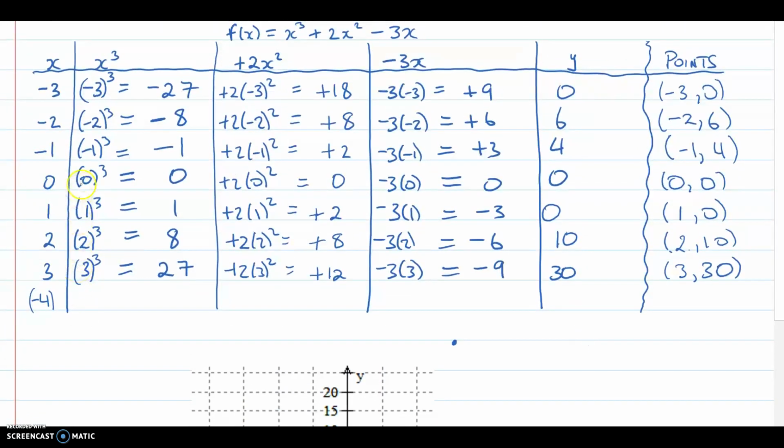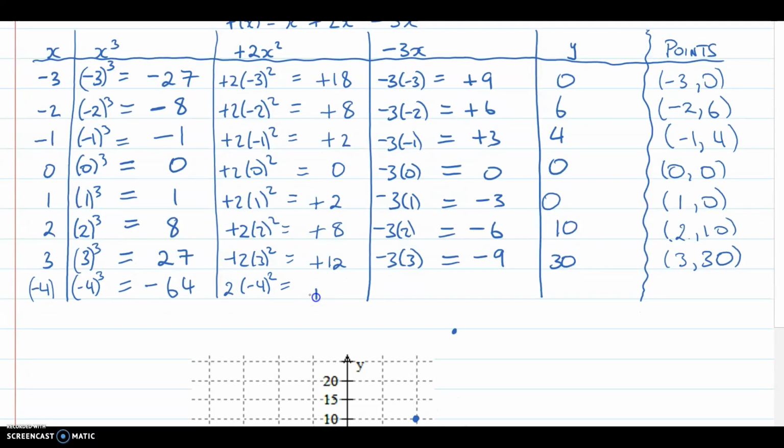So, follow the table. This would be negative 4 cubed. Now 4 by 4 by 4 is 64, and there's a minus involved, so it's minus 64. 2 times negative 4 squared: well, negative 4 squared is positive 16, by 2 is positive 32. And minus 3 times minus 4 would be plus 12.